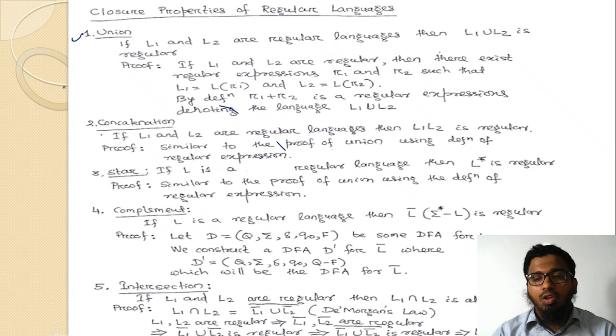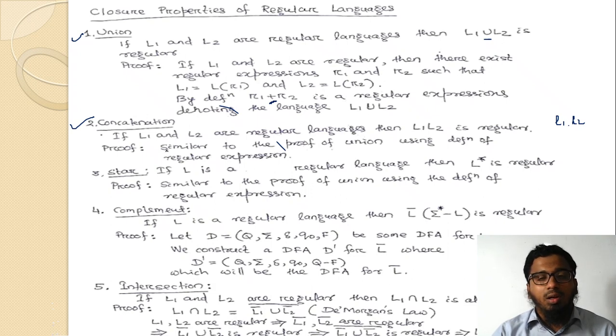We have some of the properties like union. First one, union, we are using the plus. Already we have done this. Union is nothing but if L1 and L2 are regular languages, then L1 union L2 is a regular language. Concatenation: if L1 and L2 are regular languages, we will write L1 L2 without anything, or you can just write a dot between them.